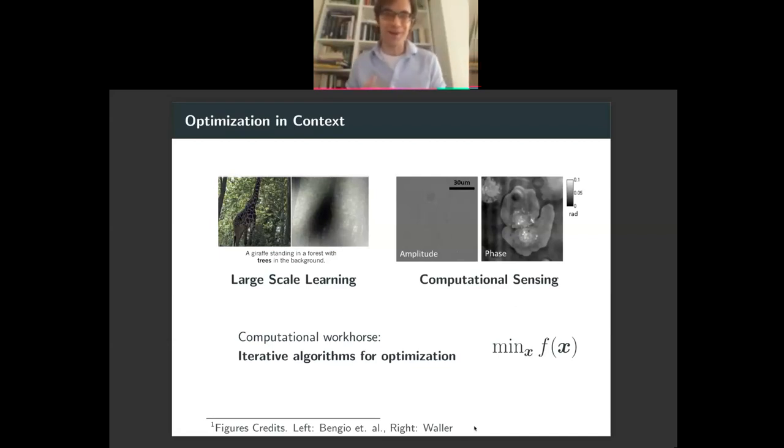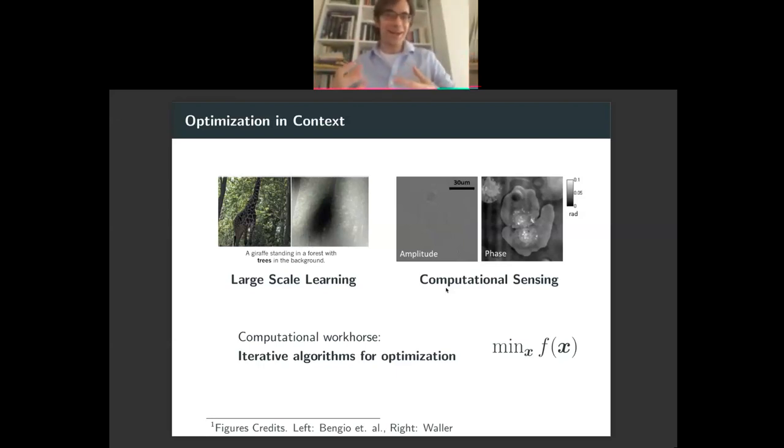Whether it's in machine learning, where we're fitting gigantic models to gigantic data sets, or in imaging, where an increasingly standard part of an imaging pipeline is to take measurements from some device and then solve an optimization problem that converts them into a picture. Under the hood, we're solving optimization problems. And because the field of optimization has been so successful, we're solving optimization problems that increasingly matter for people's day-to-day lives.